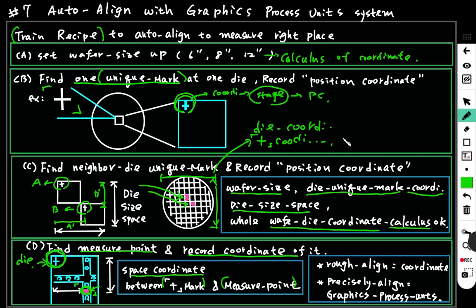Now it knows about the measure point coordinate. Then you can set up the recipe to measure how many dies and what position at the wafer, and it will automatically measure the measure point by this coordinate.